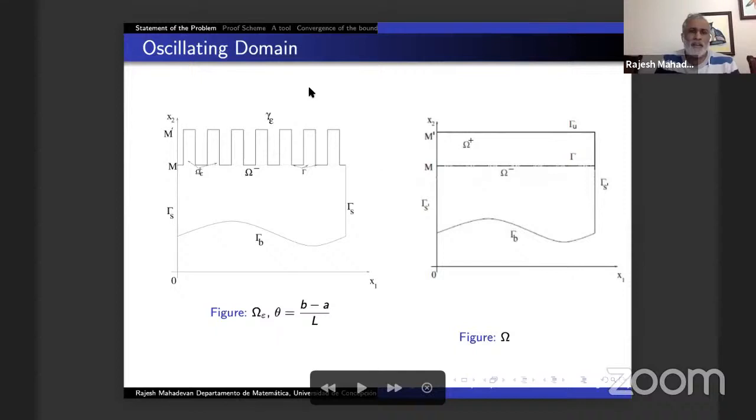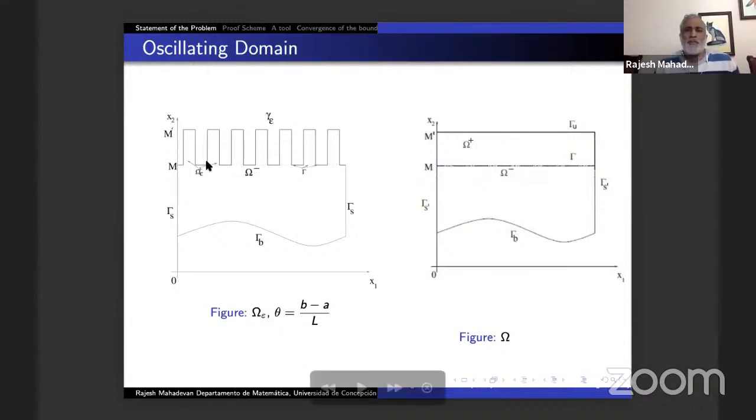Typically the domain has a region which doesn't show much oscillation, which is omega minus, which is below, and then there are teeth-like structures on the top part of it, of fixed height, of a height which is like scale 1, let's say. These are like brush or teeth-like structures, like that we saw in the series of lectures by Francois Murat.